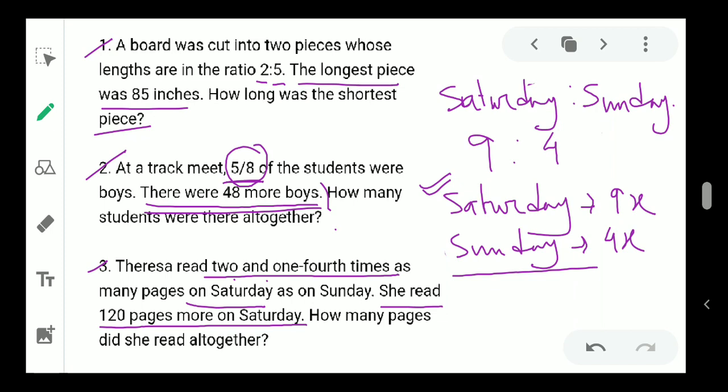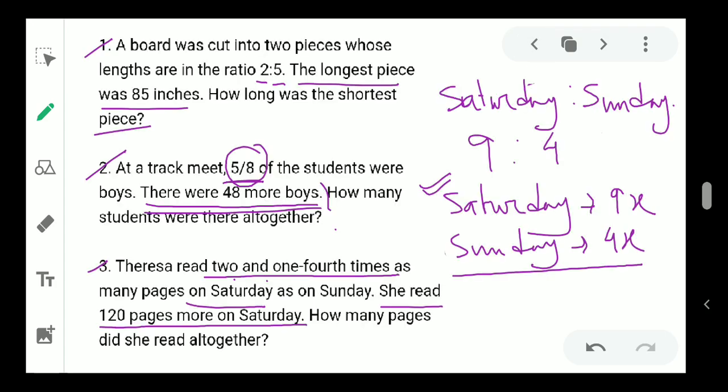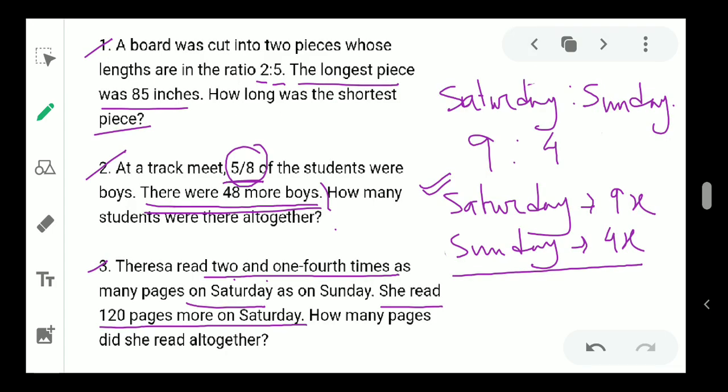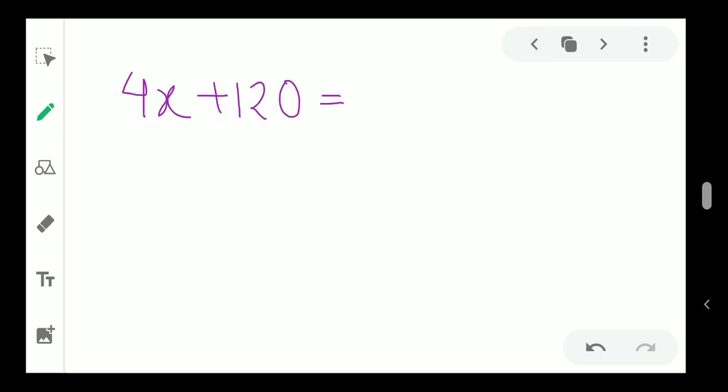If I add 120 to Sunday's number of books, which is my 4x, that will be the number of books read on Saturday, which is my 9x.